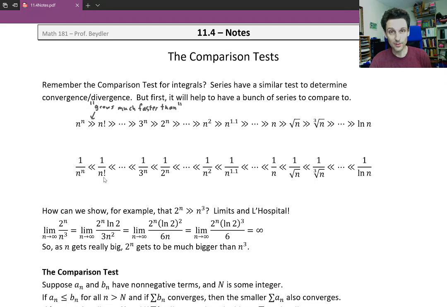And 1 over n factorial is a lot smaller than 1 over 3 to the n. Actually, each of these are shrinking as n goes to infinity, so I probably misspoke there. But basically, these things on the left are a lot smaller than the things on the right in this row.